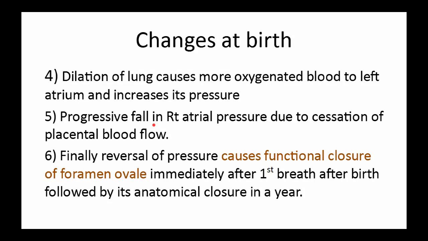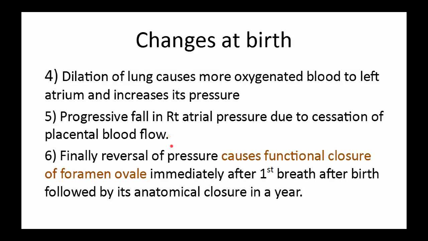Now, there is a progressive fall in right atrial pressure due to cessation of the placental blood flow, because the sphincter of the ductus venosus will close, so less of the blood will be directed through the inferior vena cava to the right atrium. So there will be a fall of right atrial pressure, and because of the inflation of the lung, more of the blood will be directed through the pulmonary veins to the left atrium.